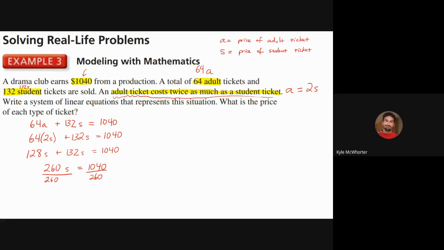$1,040 divided by 260, 4. So S equals 4. So that means a student ticket costs $4.